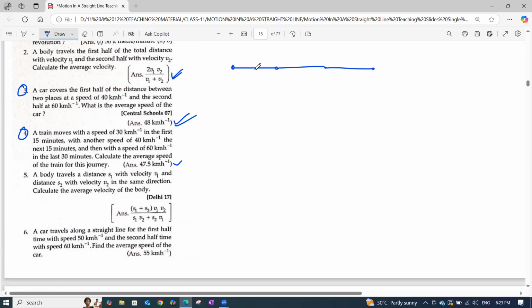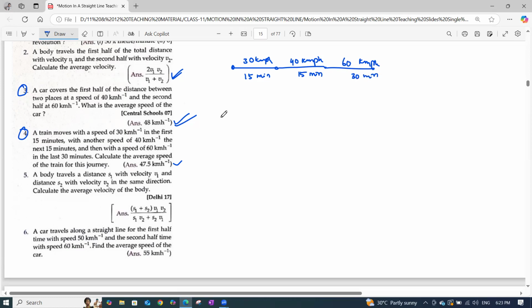In the first path, it is traveling with a speed of 30 kmph for 15 minutes. Second, it is traveling at 40 kmph for 15 minutes. And in the last path, it is covering with a speed of 60 kmph in 30 minutes.